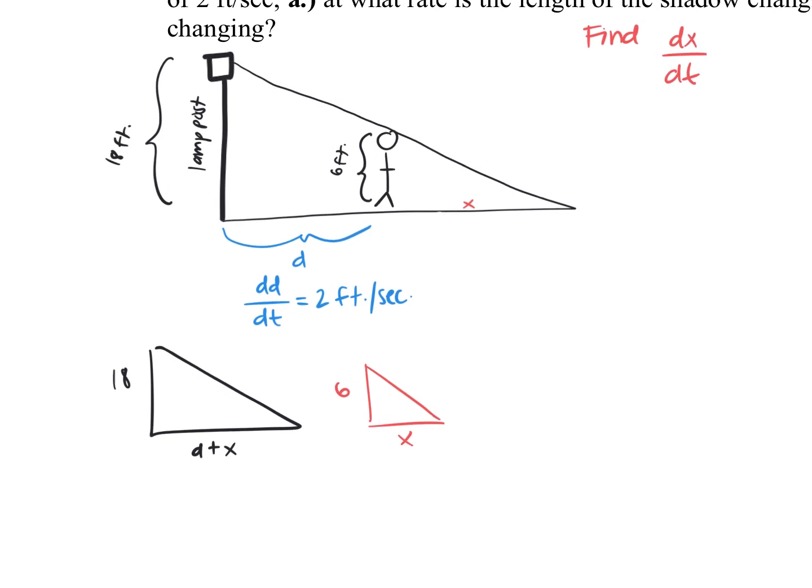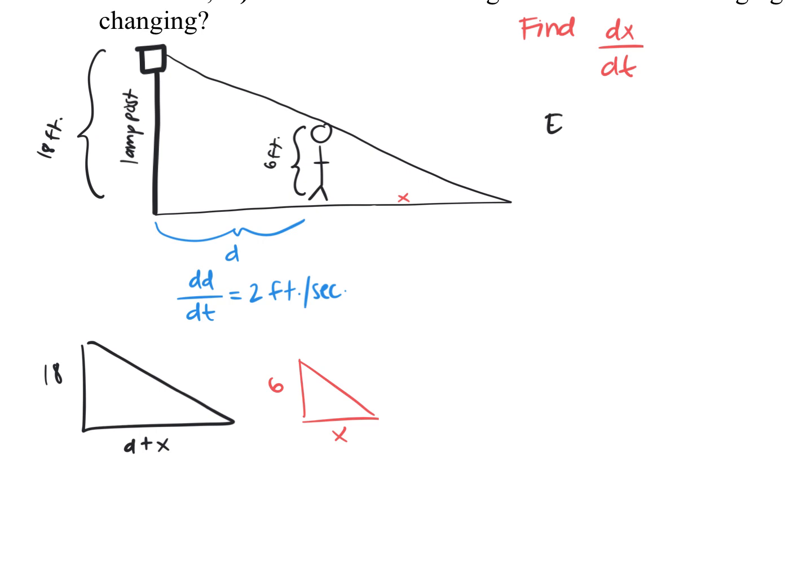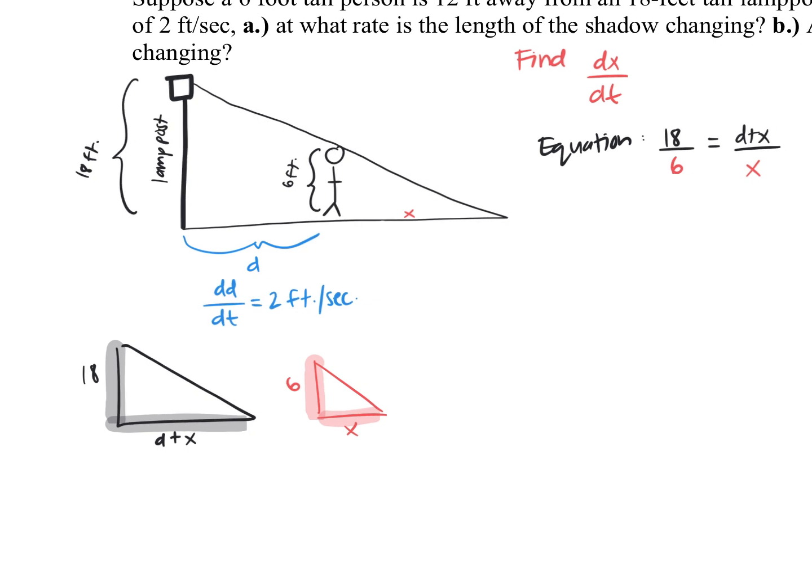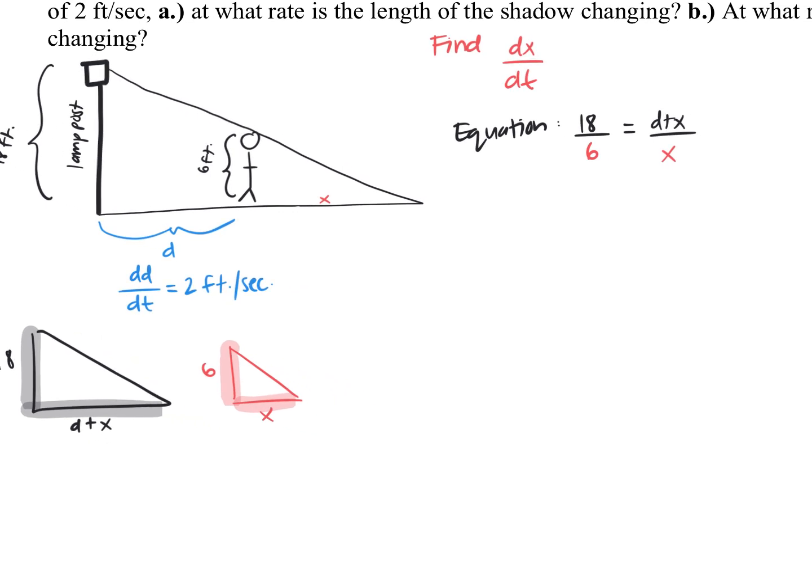So my equation that I'm going to use is proportions of similar triangles. I'm going to start with that short side there. So 18 over 6 will be on one side of my equation, and then I will have D plus X over X. Now, instead of taking the derivative and using our quotient rule, I would just simplify this before we actually start taking the derivative.